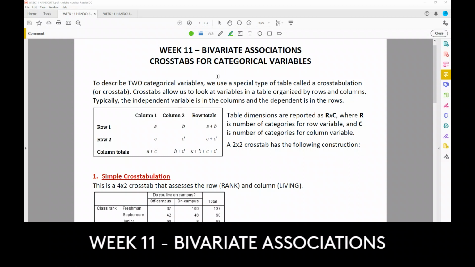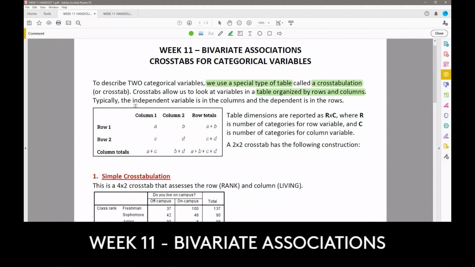So when we want to assess two categorical variables, we use a special type of table called a cross-tabulation or a crosstab. Now, when we produce a crosstab, it generates a table that's organized by rows and columns, and each variable is located in either the row or the column.